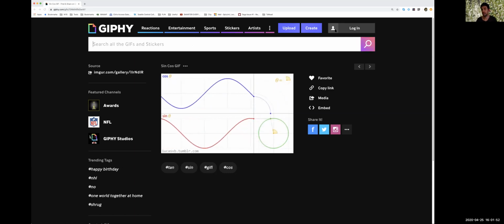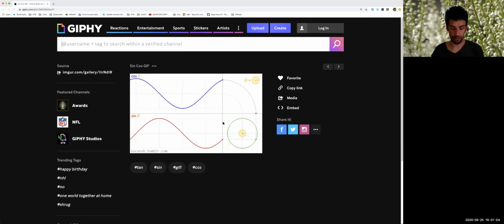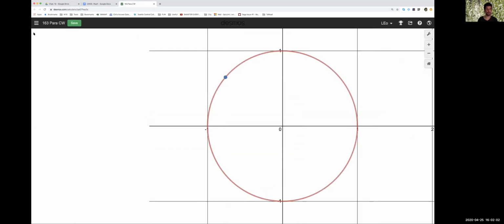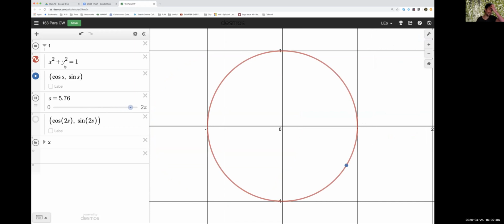All right, let's do something else. Let's go back to my animation, right? Let's just look at what happens when we change a couple of things. For instance, what if I were to change cosine and sine to half cosine and half sine?